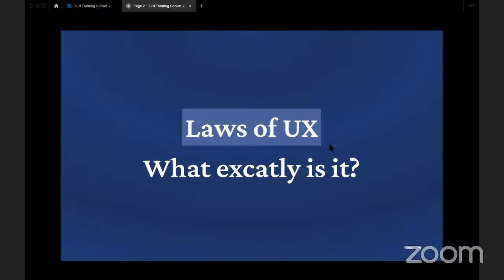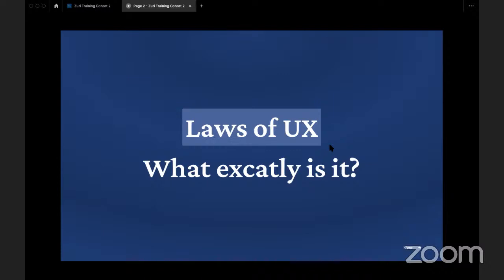Someone said the laws of UX are guidelines or principles that designers should incorporate in their design processes. Very good. Laws of UX are psychological laws which guide the product designer. I think you all understand it from the explanation you are giving. You all are correct.